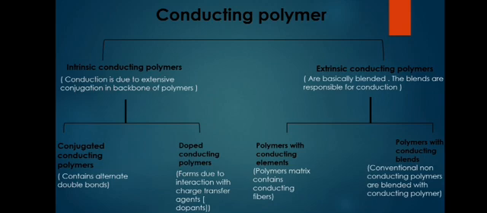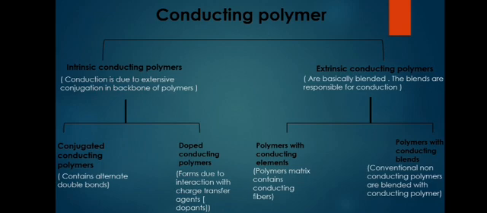Now let's see the types of conducting polymers. Firstly, conducting polymers are divided into two types: intrinsic conducting polymers and extrinsic conducting polymers. Conduction in intrinsic conducting polymers is due to extensive conjugation in the backbone of polymers, and extrinsic conducting polymers are basically blended, and the blends are responsible for conduction.